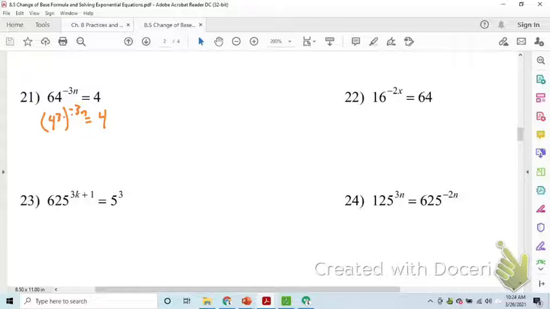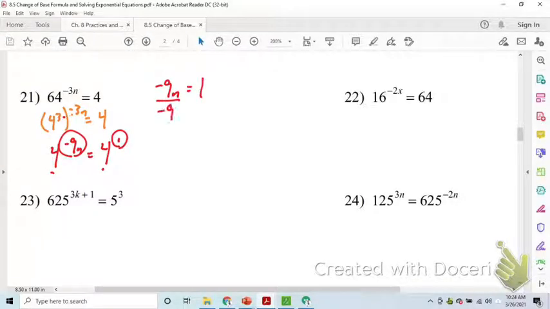This is a property from a long time ago, but these two have to be multiplied. So it's actually 4 to the negative 9n, and it's equal to 4, which is just to the first power. They have the same base. Now we can set the exponents equal to each other. So it's going to be negative 9n equals 1. We then divide by negative 9, and we get n is equal to negative 1/9. That's going to be your answer for number 21.